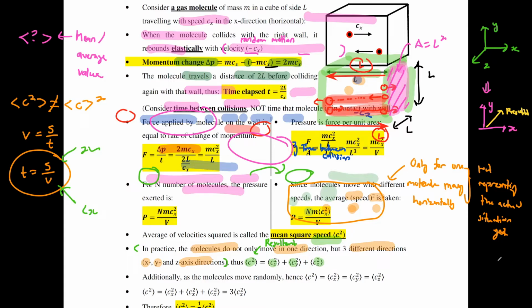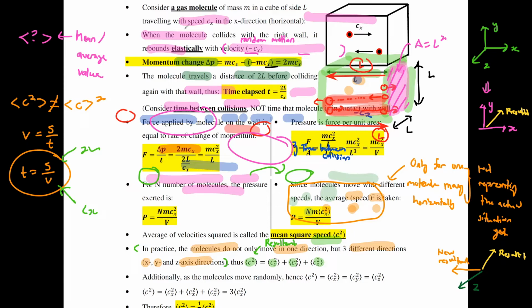Then if this one is your resultant, and I tell you you have z in this direction, the new resultant will be something like this. This is your new resultant.